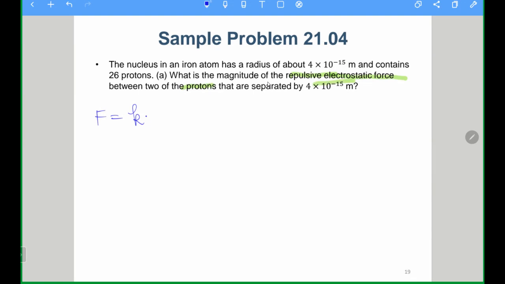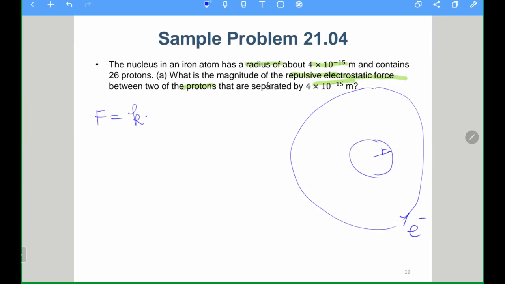Because in the chemistry class, you know, we have the nucleus and then we have some electrons, and this is the nucleus. And then we know that the radius of the atom is this one.